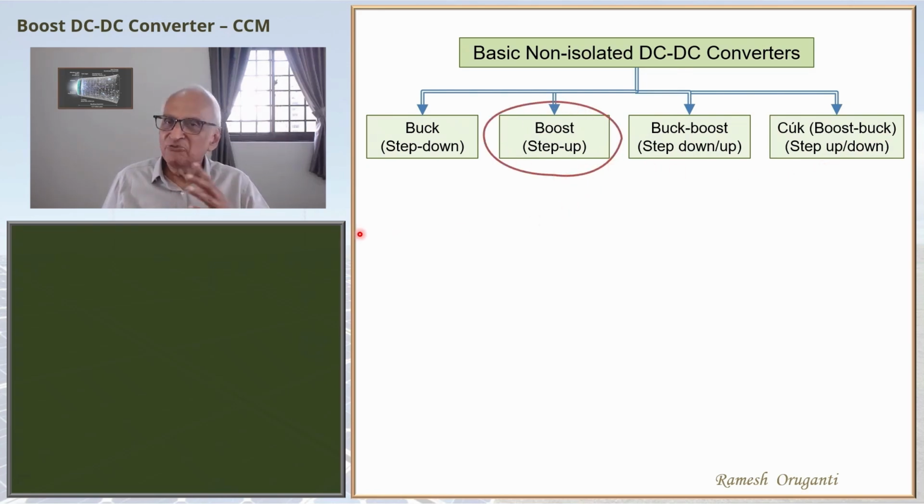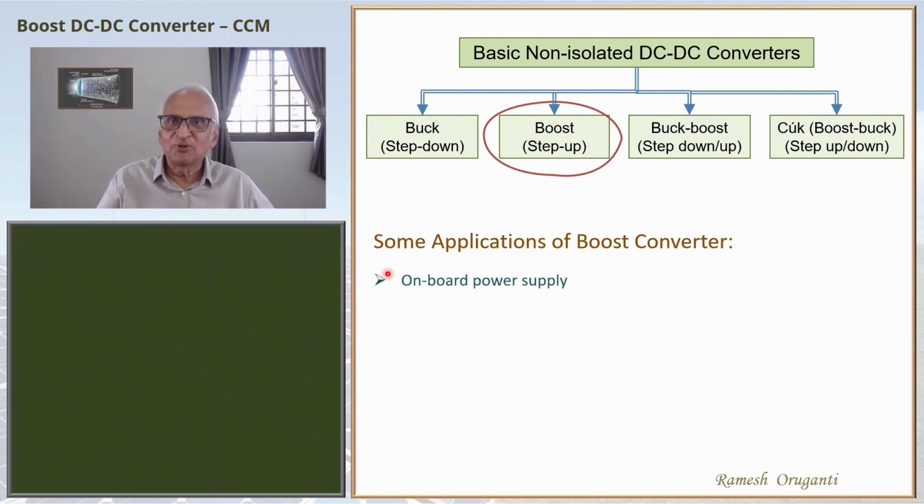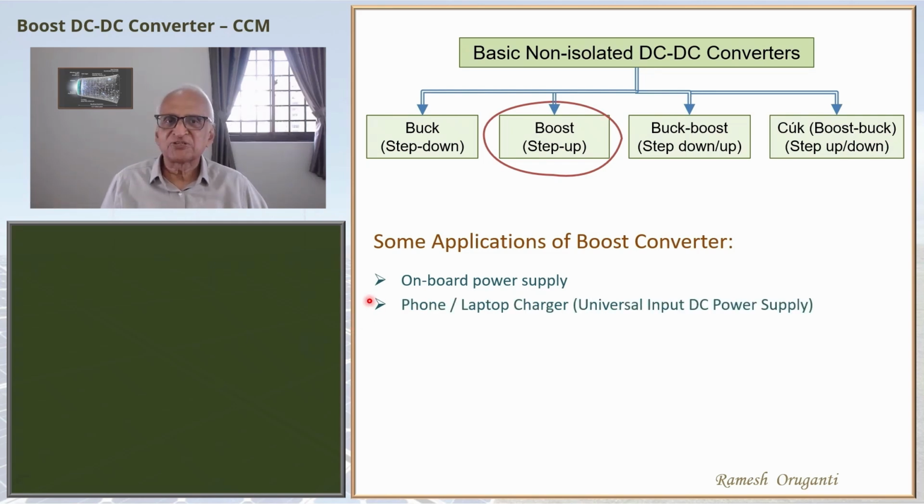Boost converter is a very popular converter. It has several applications. One of the applications we have already seen, that is the onboard power supply to boost that 12 volts into 25 volts so that some specific component can be powered. Another popular application of a boost converter is in phone, laptop and other chargers, other power supplies.